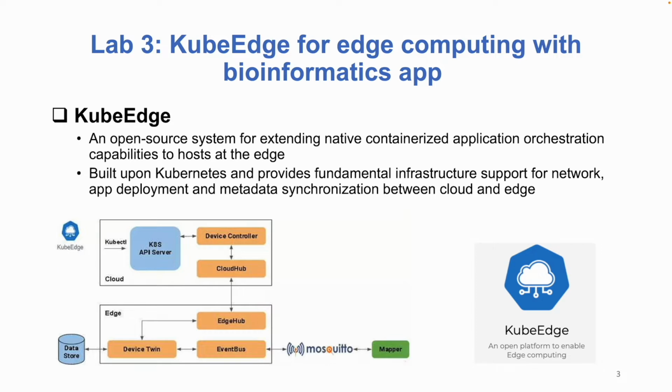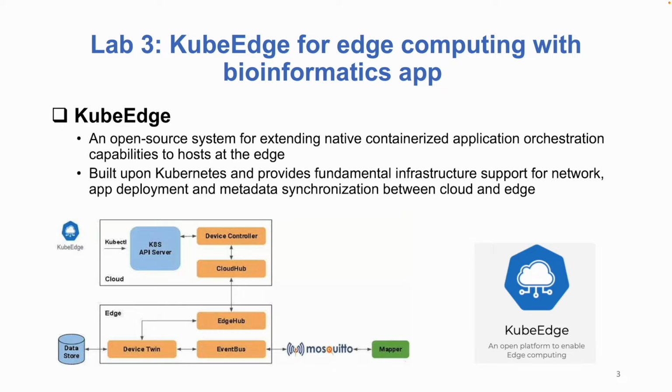KubeEdge is built on top of Kubernetes, and it provides fundamental infrastructure support in terms of networking, application deployment, and message synchronization between the cloud and edge hosts.